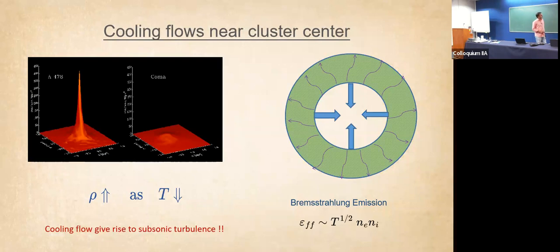As the rho increases, the emission increases further, because Bremsstrahlung emission has a stronger power dependence on the number density as compared to the temperature. This leads to a vicious cycle, and because of these cooling flows, it gives rise to something called subsonic turbulence in the system.